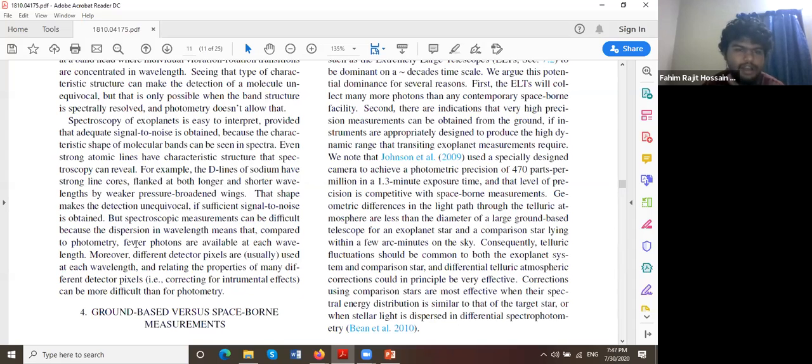Again, this paper also mentions that spectroscopy of exoplanets is easy to interpret, because an adequate amount of signal to noise is found with spectroscopy.